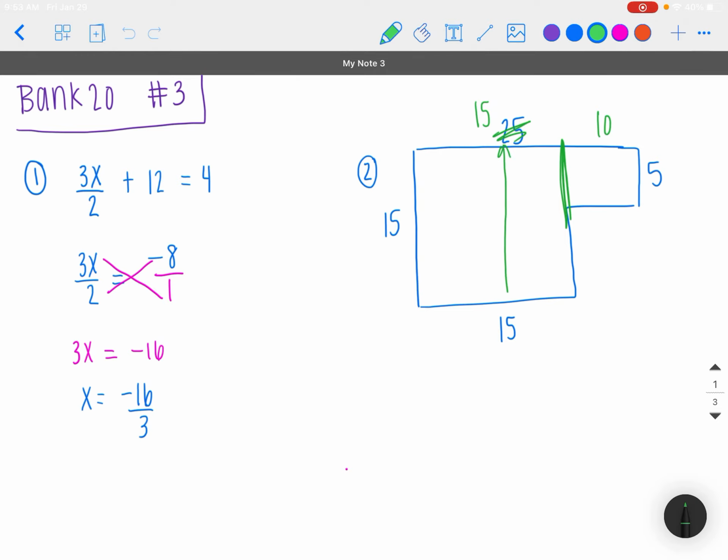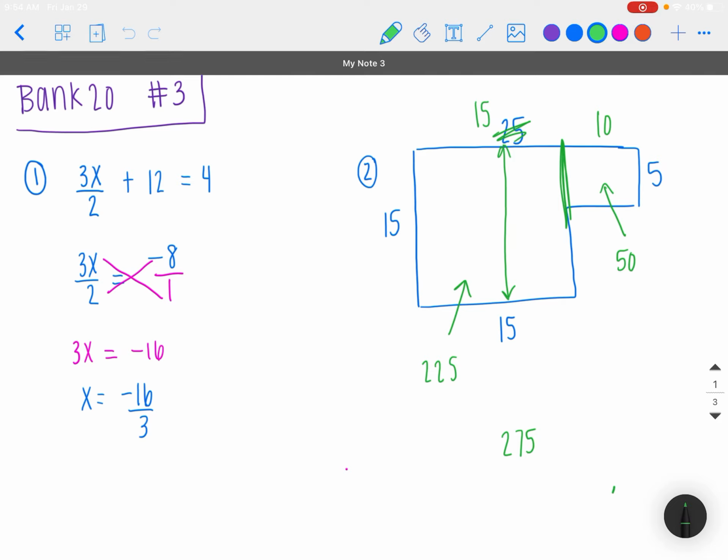And I knew this was 15 because I looked across the shape. So we have a 15 by 15, which is 225, and a 10 by 5, which is a 50. So if we add those together, we get 275, which is H.